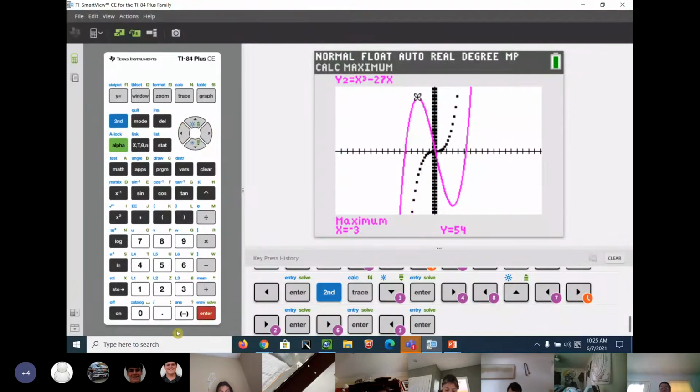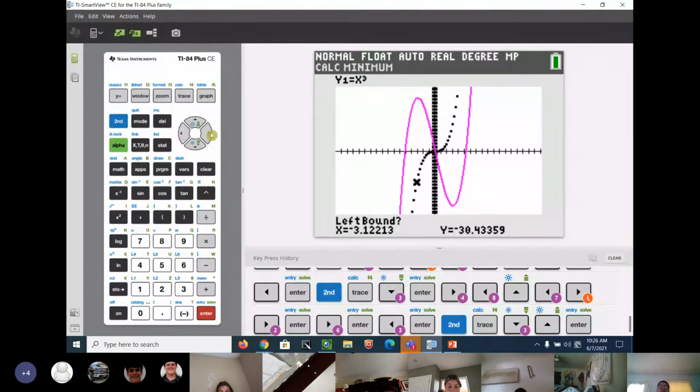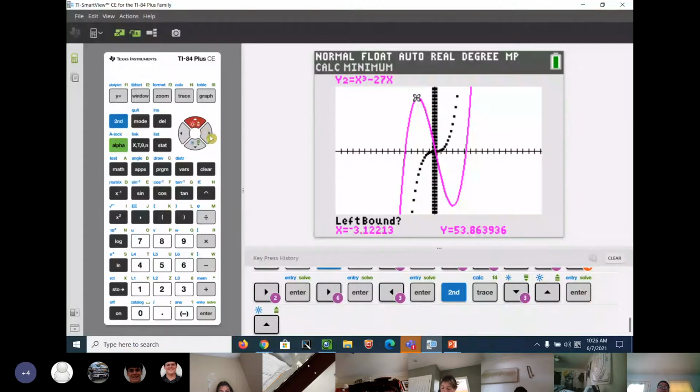And that local max is negative 3, 54. Negative 3, 54. And then we've got to find the min. Second, trace, min. And jump over to the pink one. Enter. Enter.